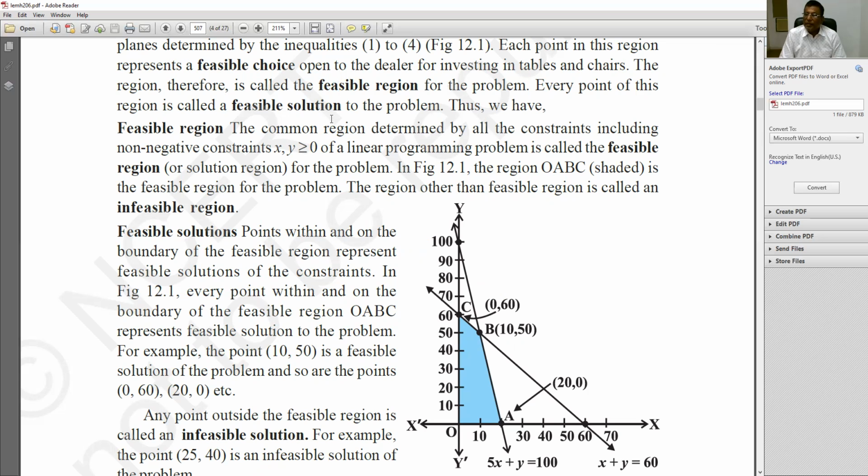So I hope that you have understood what is a feasible region, what is a feasible choice, and what is a feasible solution. If I say to you that you take my pen for 100 rupees, then you can say, sir, this is not my feasible choice, because you can say why 100 rupees for such a simple pen?